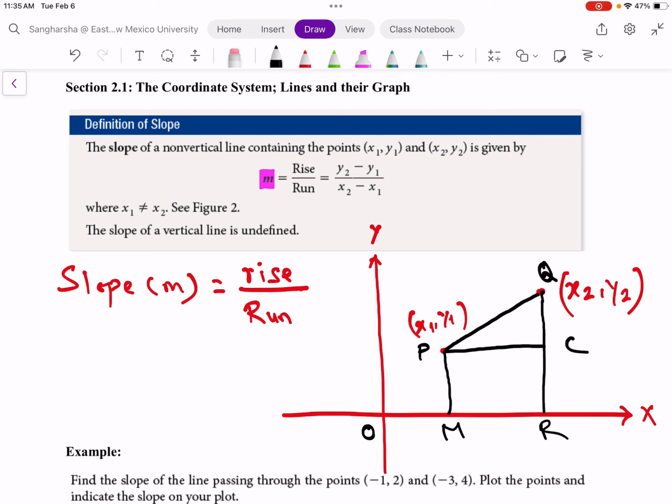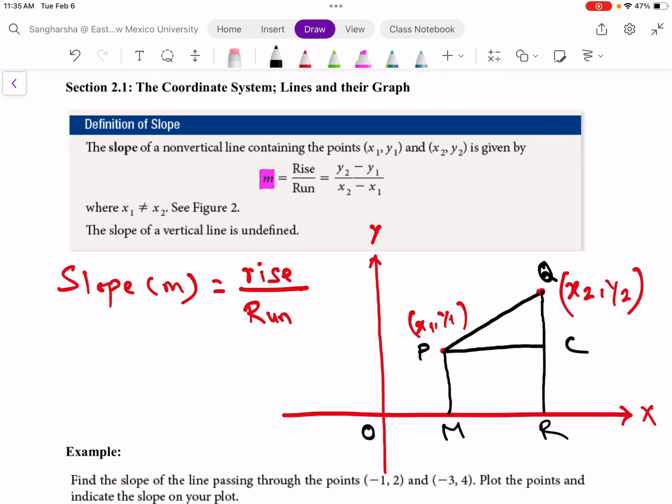Now from here, can you tell me what is OM? What is the length of OM equal to? We have the coordinate of P as x1, y1. What is the meaning of that? How far is point P from the y-axis?